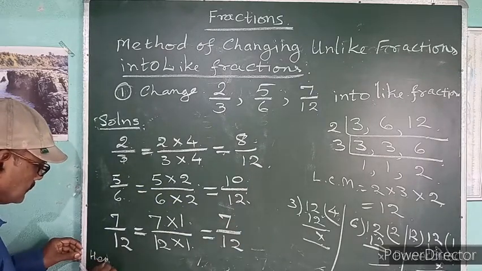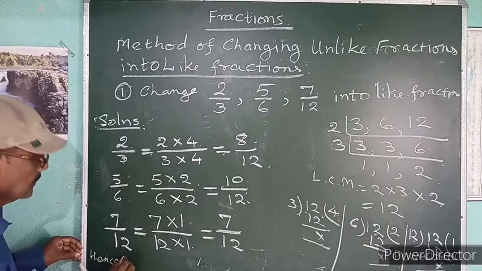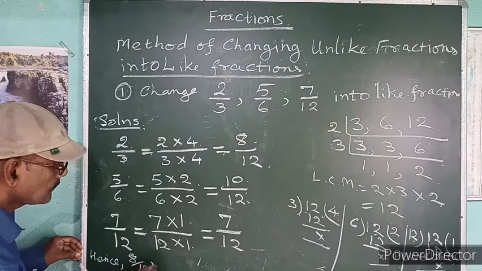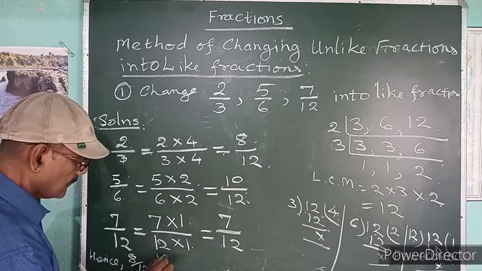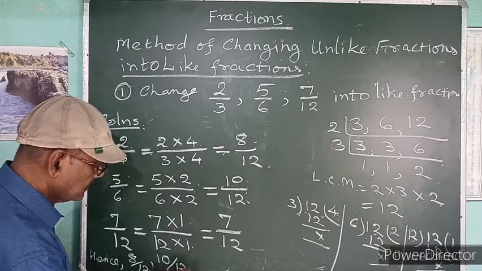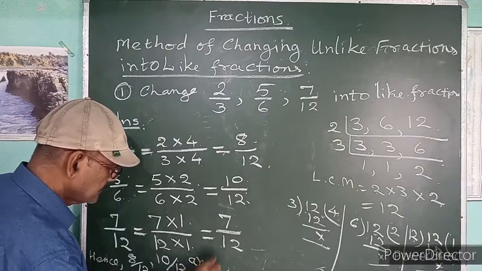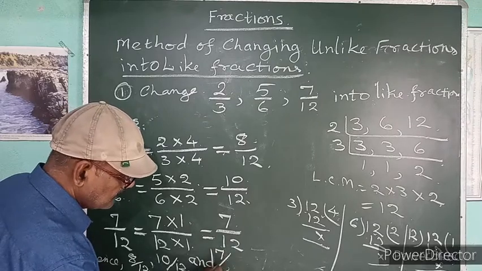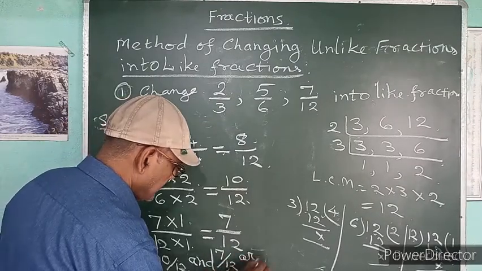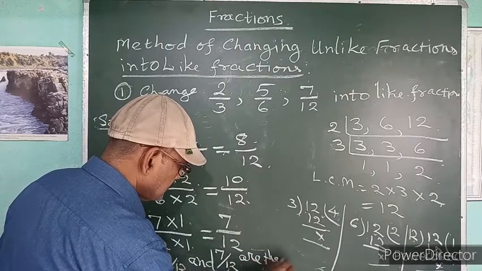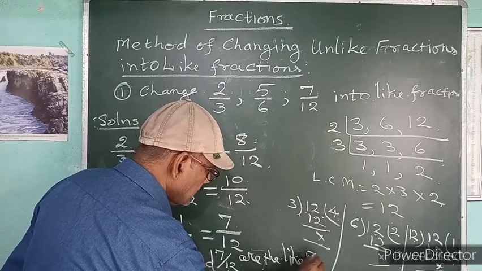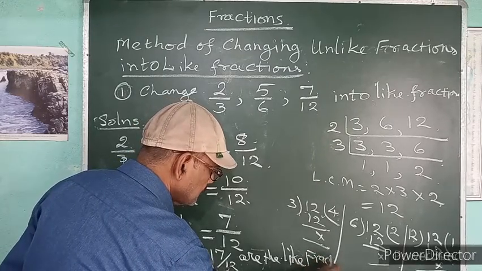Hence, I can say 8 by 12, 10 by 12 and 7 by 12 are the like fractions.